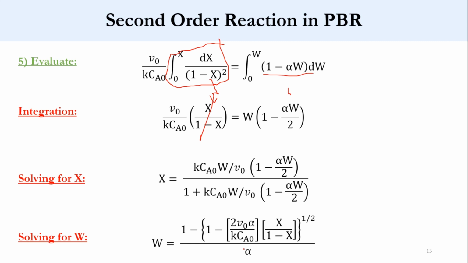And on the opposite, if we know X, we can see how much W, the weight of catalyst, is required for this second order system. That is the derivation part, for which I have separately prepared a video so that all the concepts can be revised before we go to the numerical and the last part of this chapter.